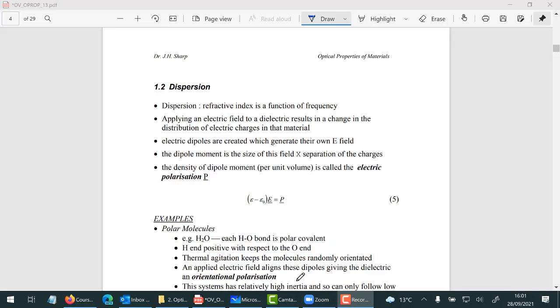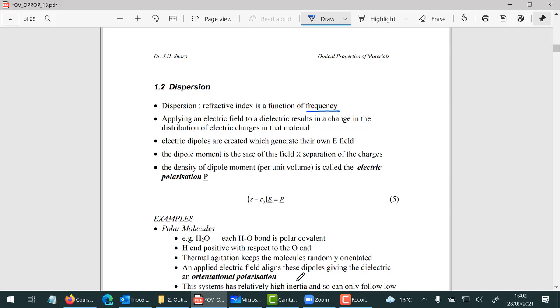The variation of the refractive index with frequency is referred to as dispersion. We can think of this in terms of how the electric field from the light will affect the particular atoms or molecules within that material.